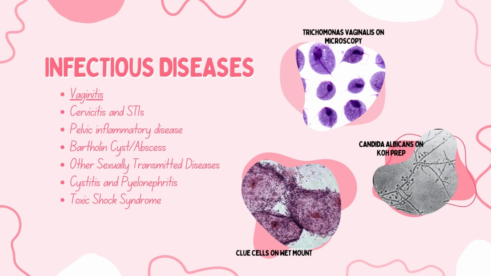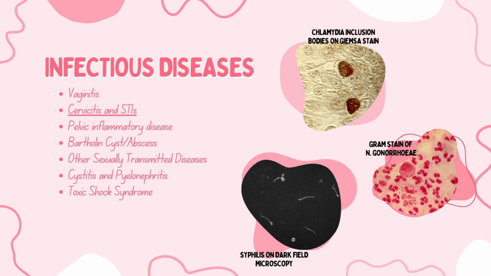Okay, at long last, we have made it to cervicitis. So, in general, similar to vaginitis, we're going to start with general and then move into more specific things. So, cervicitis in general, inflammation of the cervix, done. Etiologies, so it could be infectious or non-infectious.